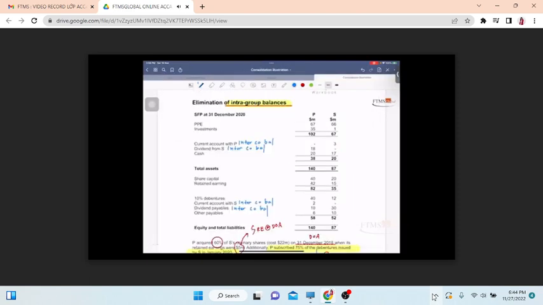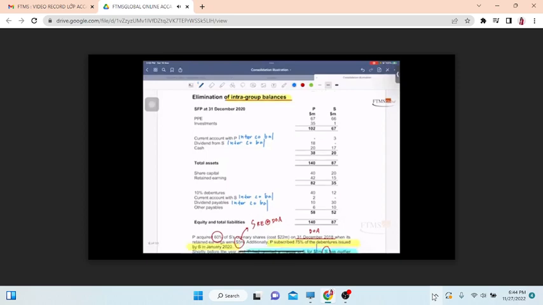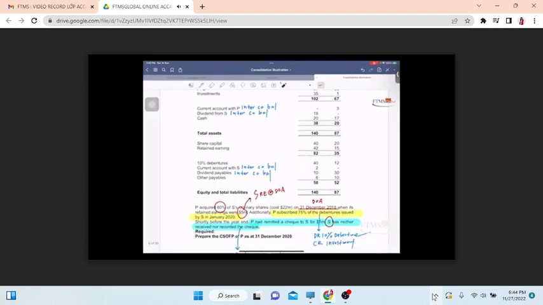S share capital is 20, and the retained earnings of S is 5 million at date of acquisition.